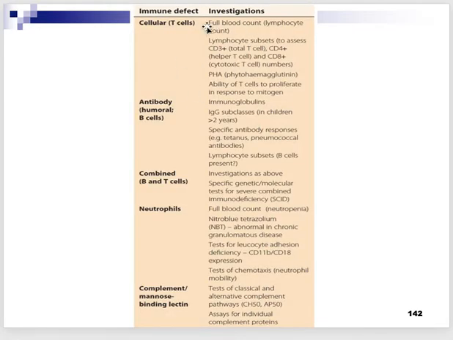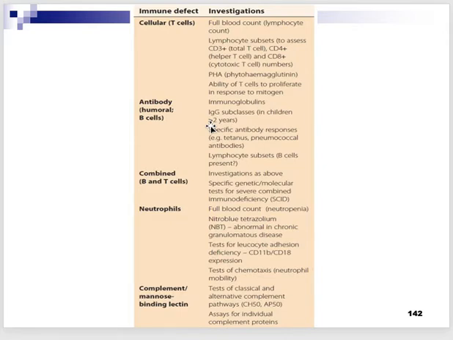Okay, these are the investigations which we can do to catch anyone with a primary immune disorder. For example, we can do the full blood count or CBC. We can check the lymphocyte count, like CD4 count, CD8 count, CD3 is like the total T cell count. We can check the ability of the T cells to proliferate in response to mitogen.